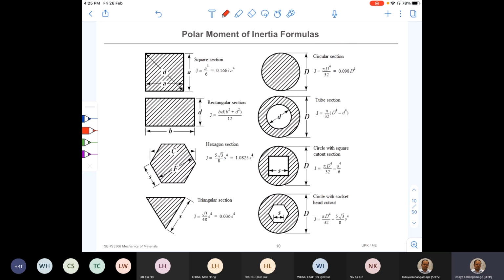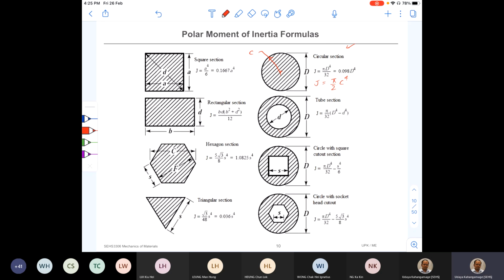The first one is for the circular section, given in terms of D. If I know the radius as C, then J is pi by 2 times C to the power 4.